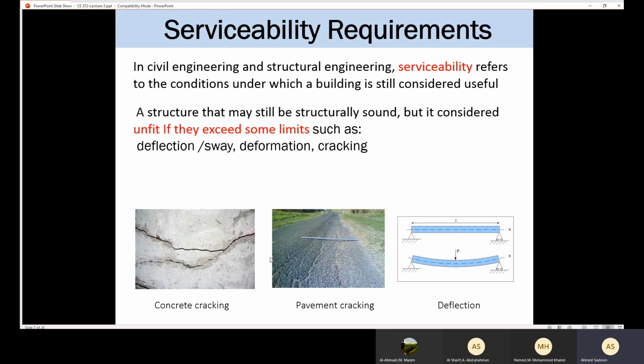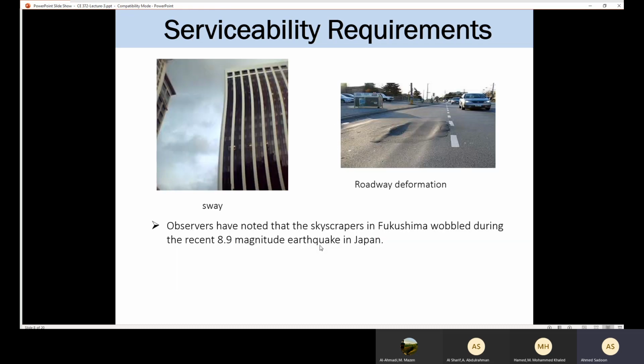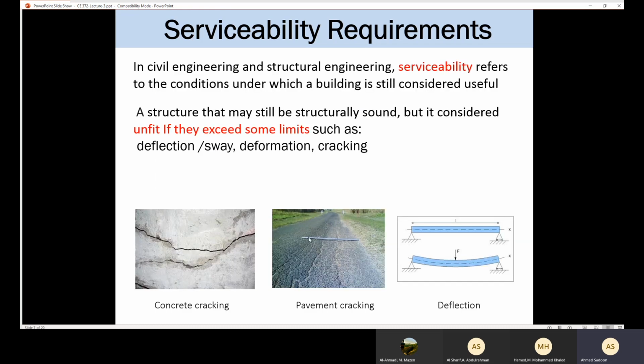For example, here we have a pavement, right? We have asphalt concrete here for that road. Even though that road helps the cars go from one point to another, here we have pavement cracking and rutting. That level of rutting and cracking is not acceptable.